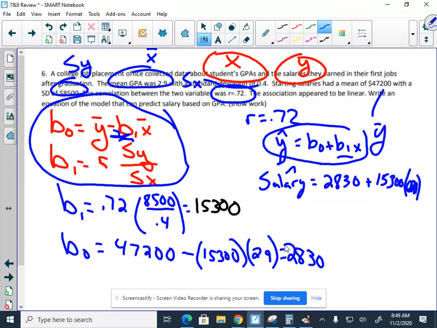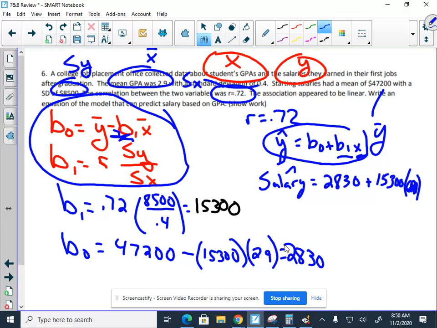Okay? Yeah. Question? Is it B0 plus B1 times X or just X bar? Times X. This is X, so whatever X was, so the X is the student GPA. X bar is the average of that. So to build this, you need the average and the standard deviation of different things to build the equations here. But then this X and this Y are just what X and Y are, what we're trying to work with as the variables.